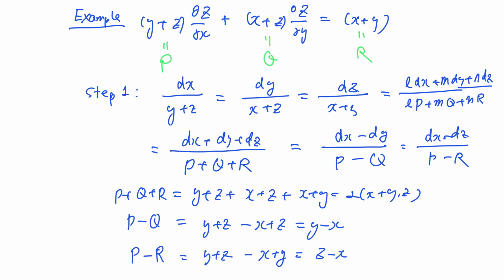So you can say l, m, n are all equal to 1 when you have P, Q, R, right? If we say l is equal to 1, m equal to minus 1, n equal to 0, then we have P minus Q over dx minus dy, right? And likewise, we can say l equal to 1, n equal to minus 1, and m equal to 0, then we have this equation, right? So this is probably the easiest way to handle it.